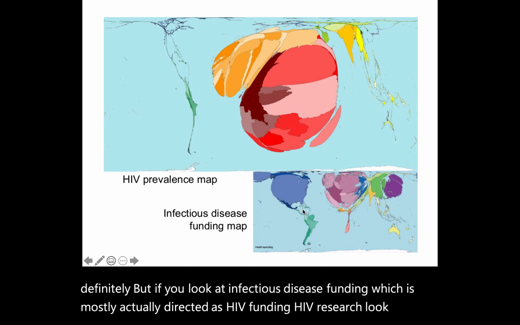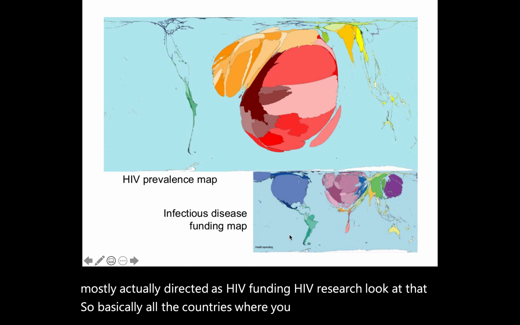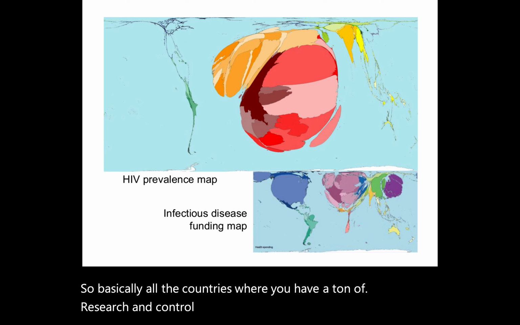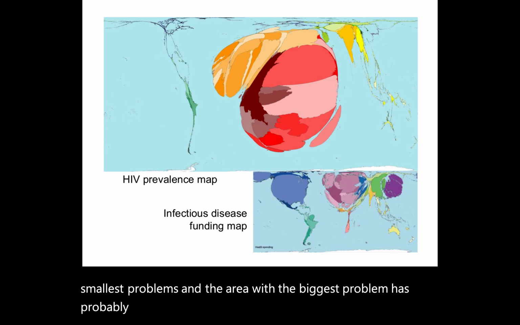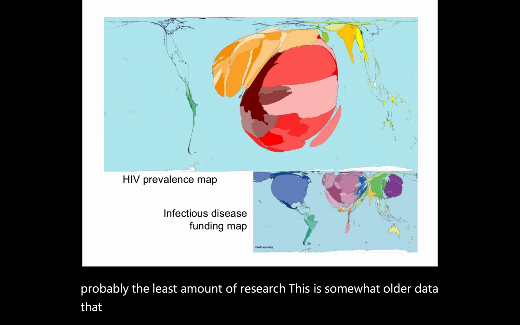Basically all the countries where you have a ton of research and control money being fed in are the areas with the smallest problems, and the area with the biggest problem has probably the least amount of research. This is somewhat older data. The outlook has shifted a little bit, but this is still pretty close to the case, I would say.